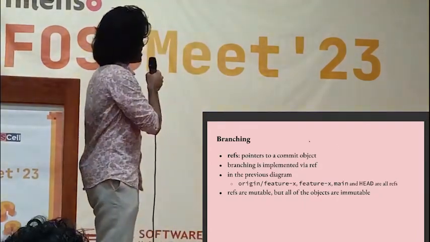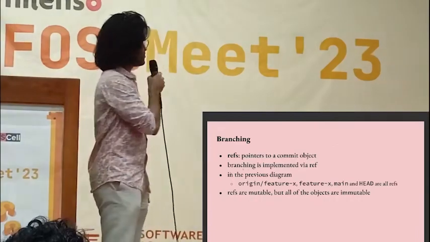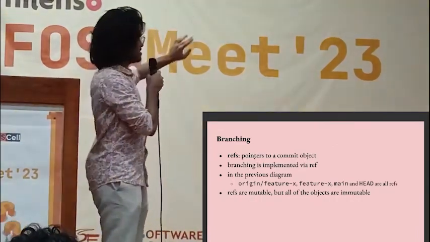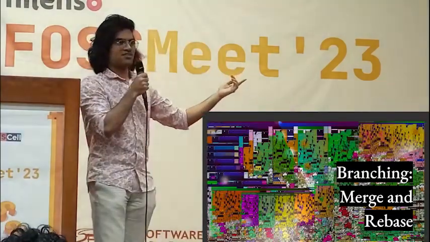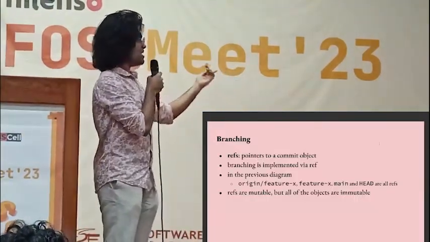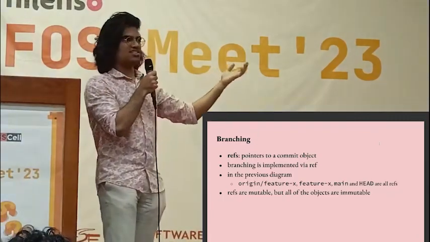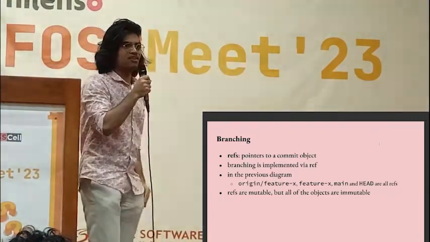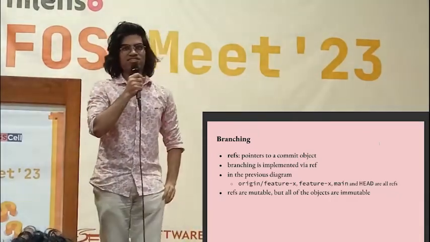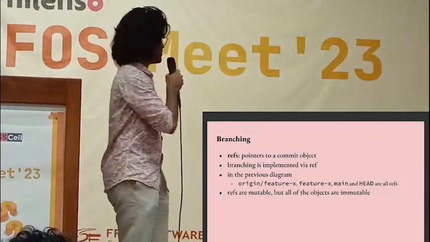So that's telling you what we are pointing to right now. And in that previous diagram, the putting it all together big diagram, those were all refs. So your refs might look like feature X, HEAD, main, origin/whatever, right? These are all refs. And they're mutable, as in we can change what a ref points to.